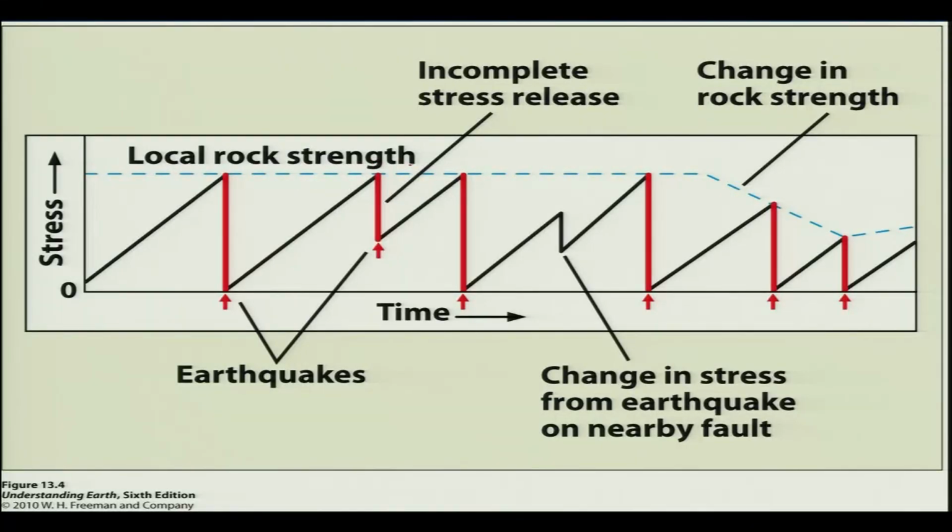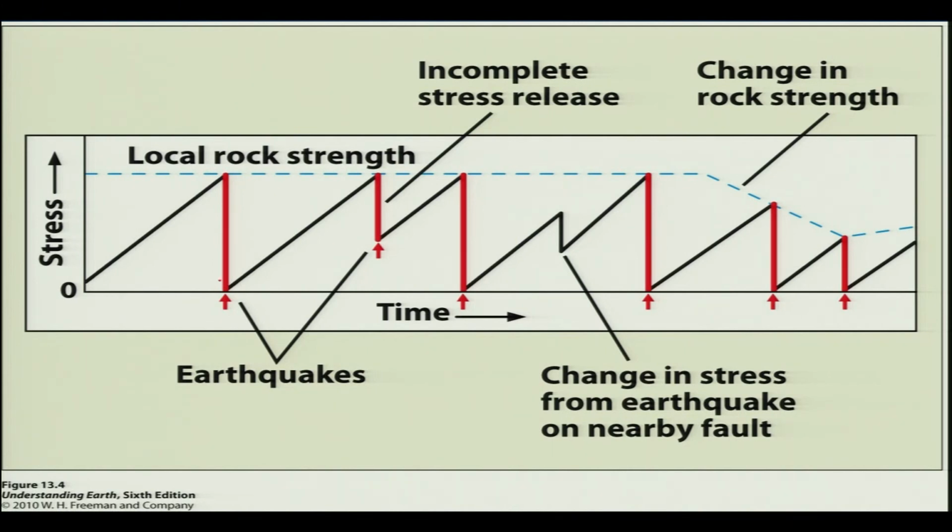Any material you break will lose its strength over the time. So, every time you keep on fracturing the same place, the strength will vary. This is what has been shown here. So, you have the local strength of the rock.